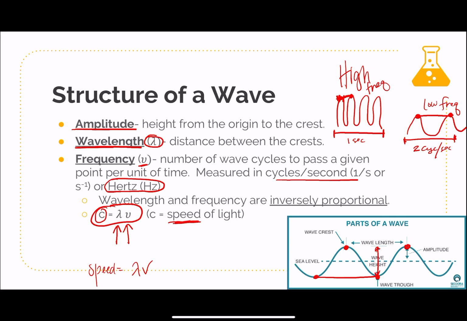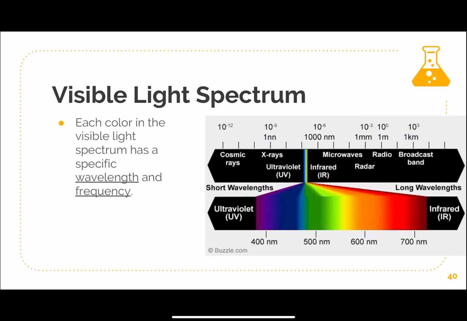Okay? Speed equals wavelength times frequency. So in our problems that we're going to work today, you'll use this formula because you won't be calculating with speed of light. But speed equals wavelength times frequency, or you can use S for speed, would be fine. Okay? All right? So let's move on.